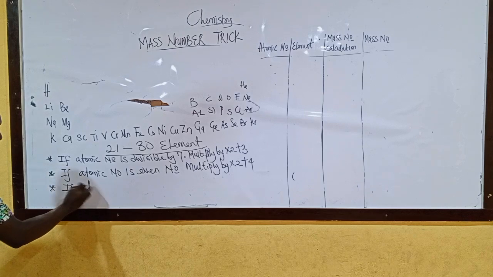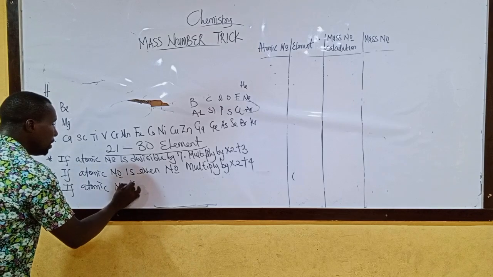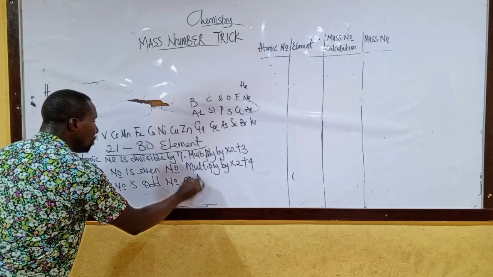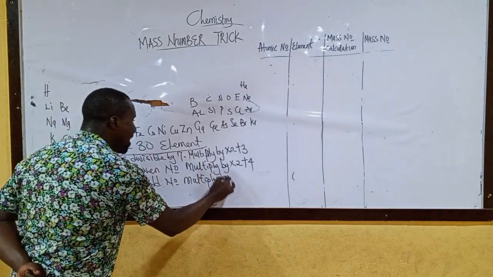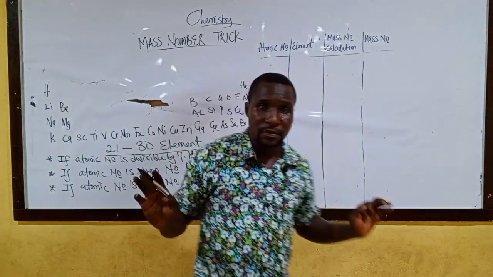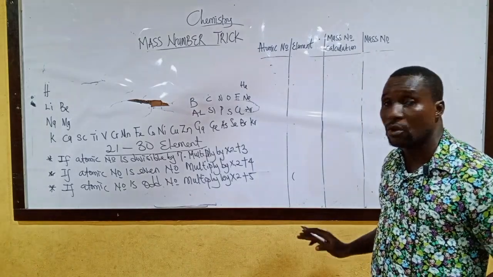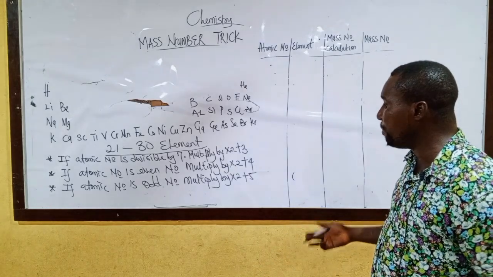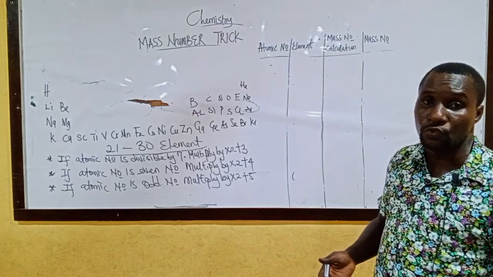If the atomic number is an odd number, multiply that atomic number by 2, then add 5. That's it. Very easy. If divisible by 7, multiply by 2, then add 3. If even, multiply by 2, then add 4. If odd, multiply by 2, then add 5.